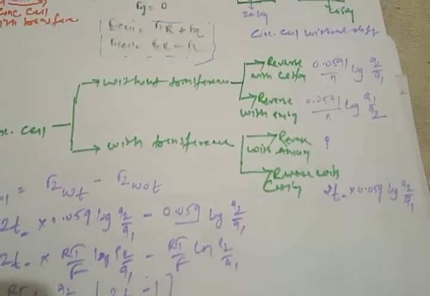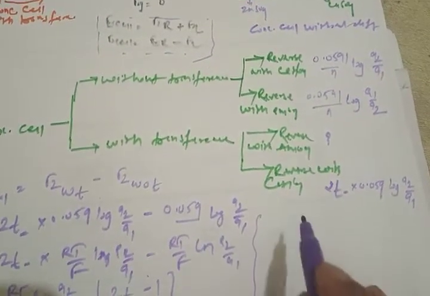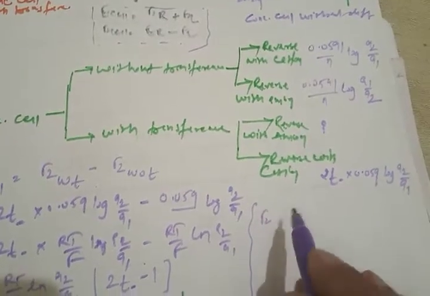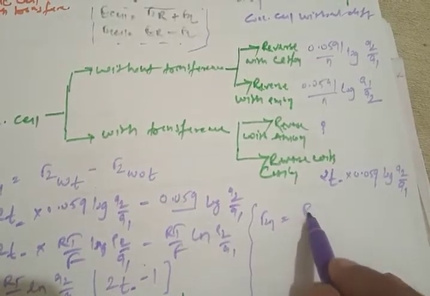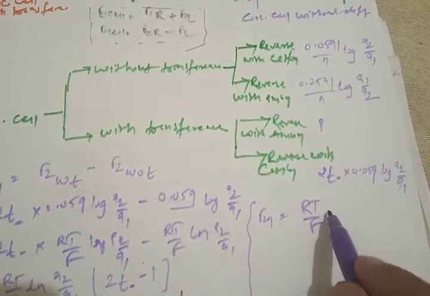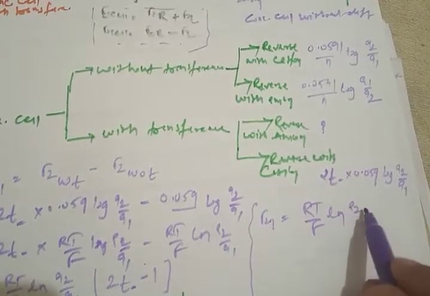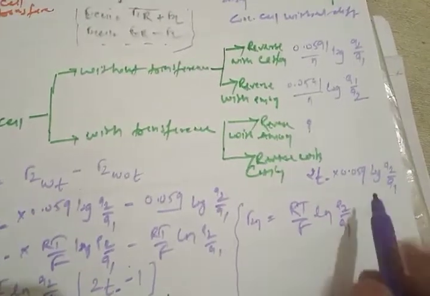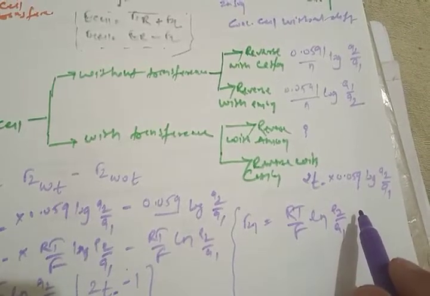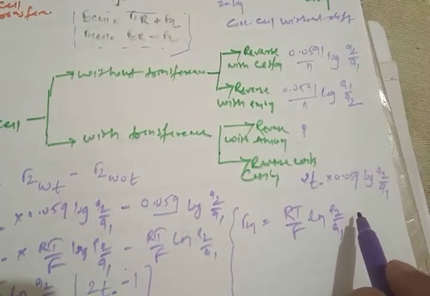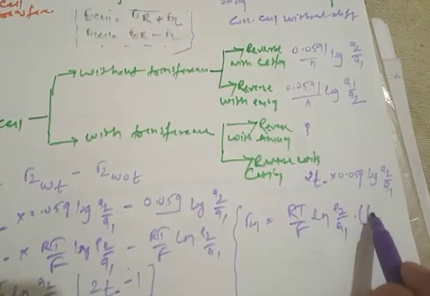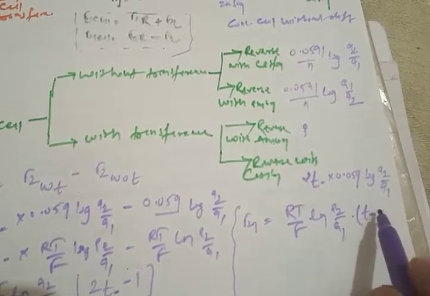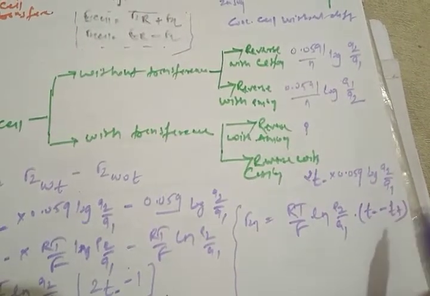So finally we will get the value of junction potential is RT upon F ln A2 upon A1, and multiply with t minus and t plus, t minus, t plus.